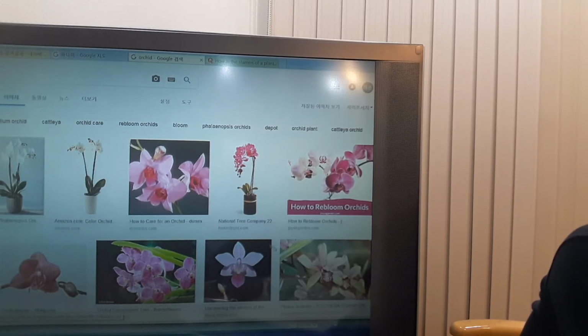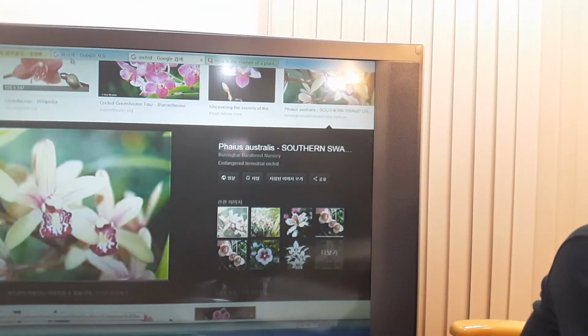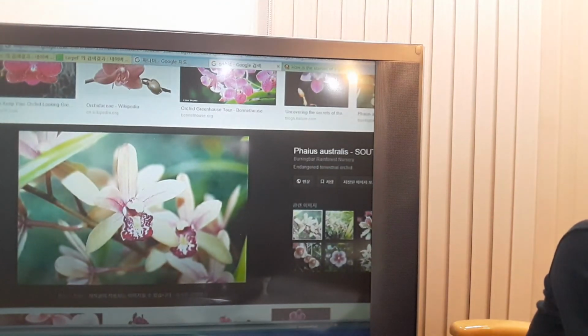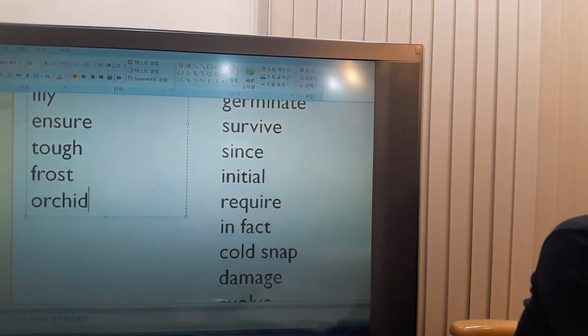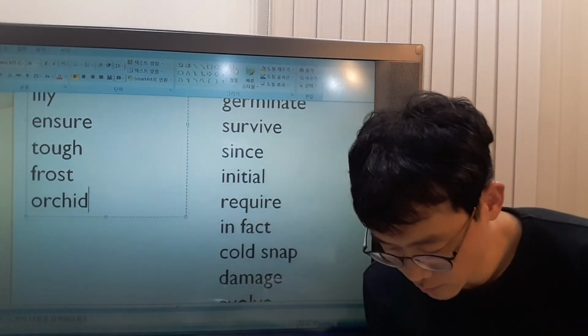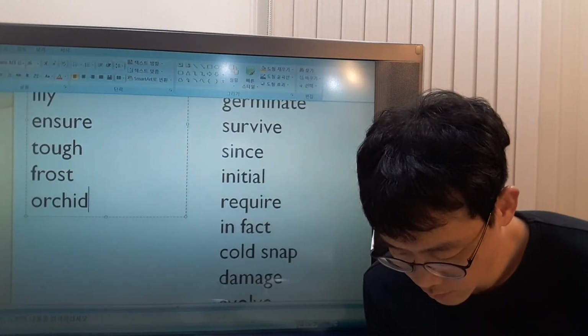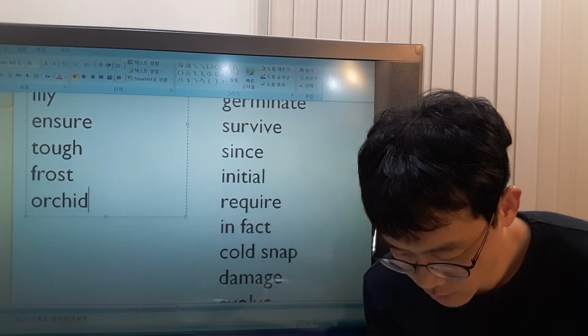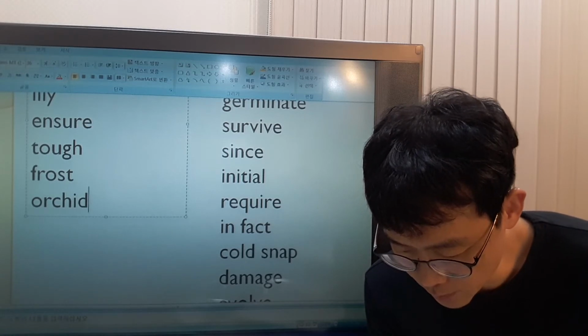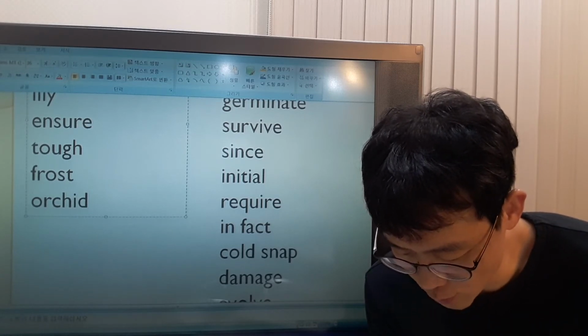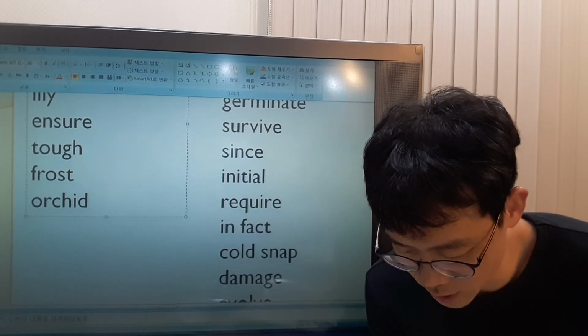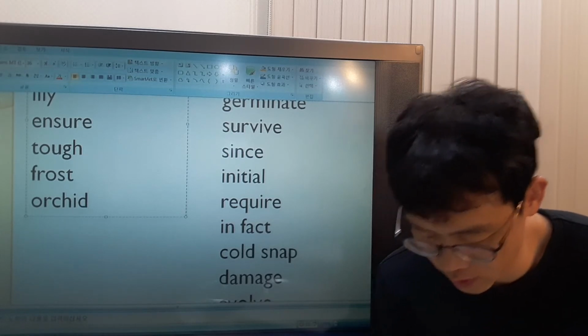Okay, orchids are these flowers. There are plants such as orchids which grow in tropical climates.